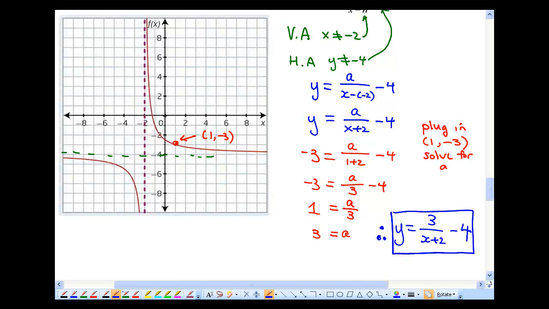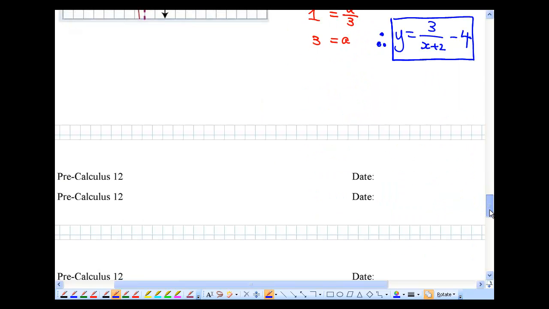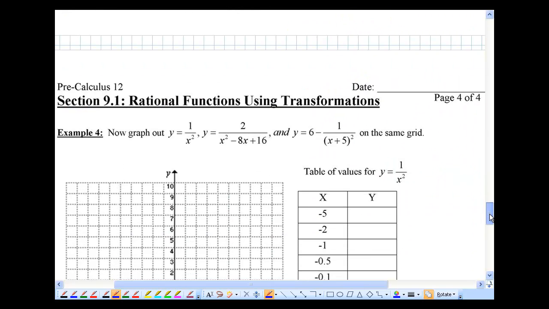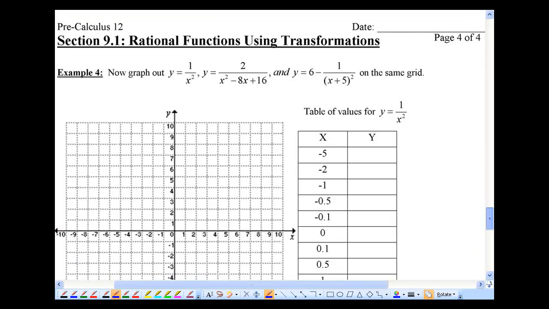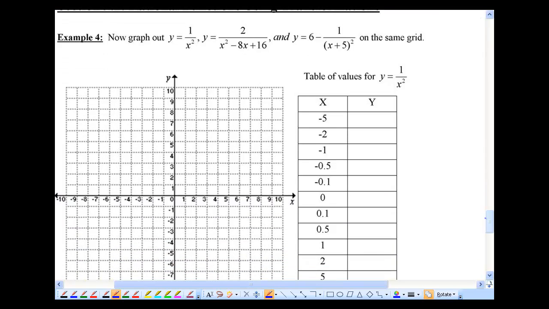All right, we're almost done. Turn to the next page, and I'm going to ask you to try to graph some more stuff out. I'd like you to graph out 1 over x squared, and I've already given you a table of values to do so, so I want you to try that one first on your own, and then I'll come back to discuss the other two.